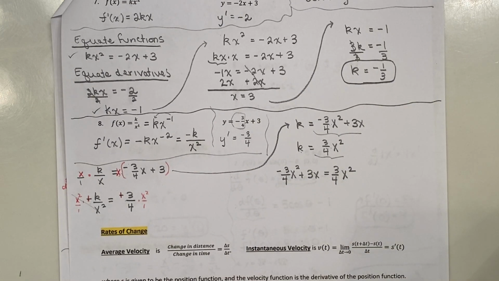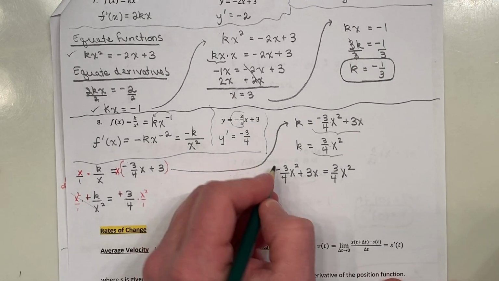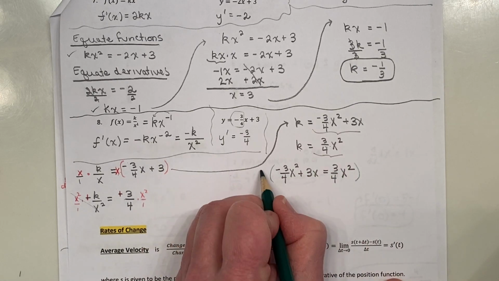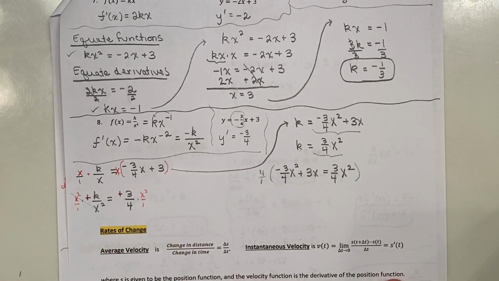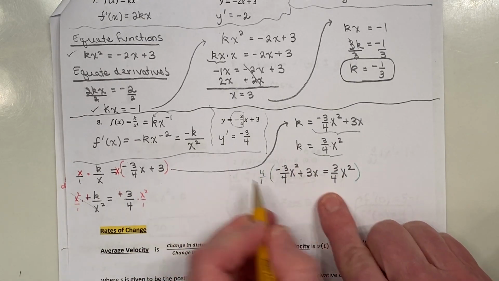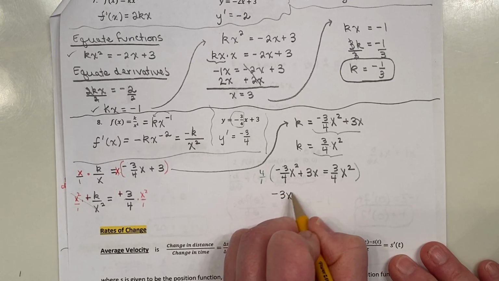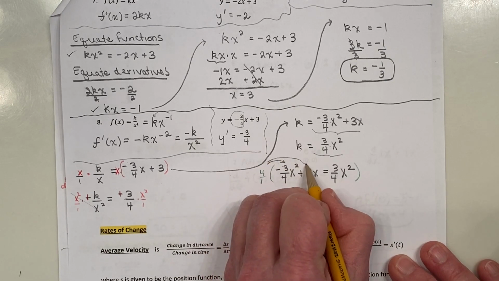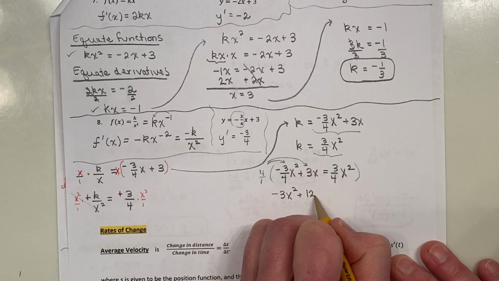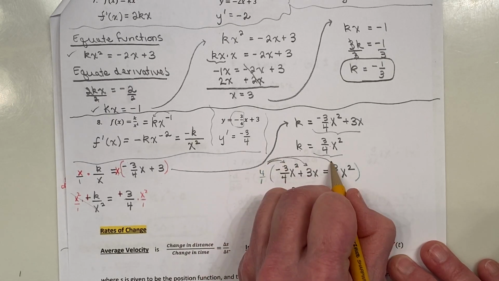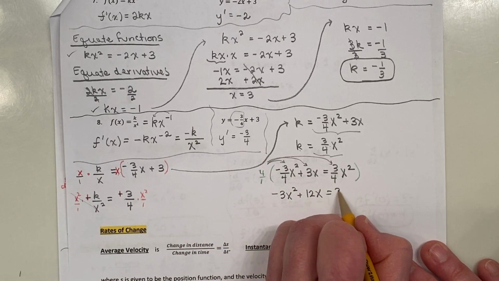I'm not going to work with fractions, so let's go ahead and multiply everything by 4. That will get rid of all the fractions. So multiplying everything by 4, that'll be negative 3x squared, that'll be 12x, and the 4's will divide out here, and I'll have 3x squared.